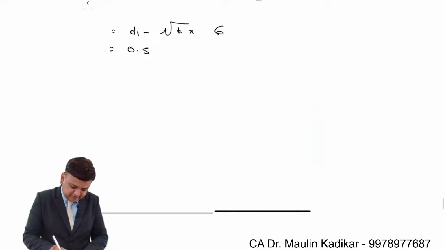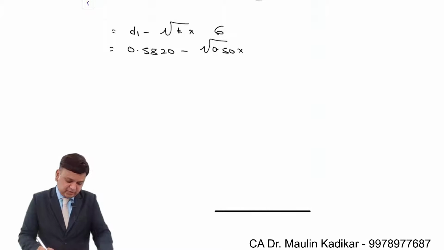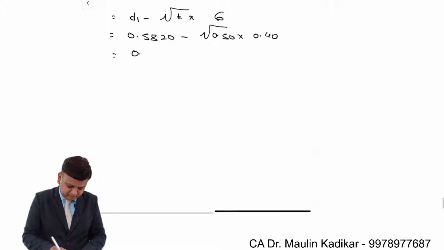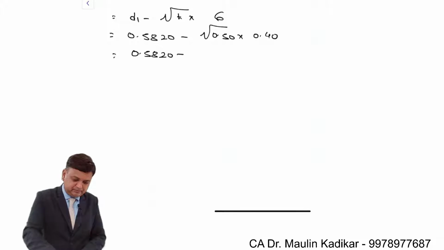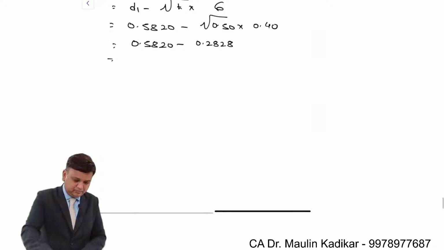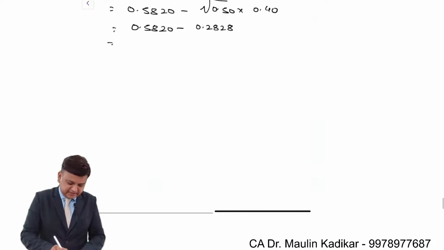The d1 value is 0.5820 minus under root of 0.5 into standard deviation 0.40. So 0.5820 minus 0.2828. It is deducted from 0.5820, so 0.2992.